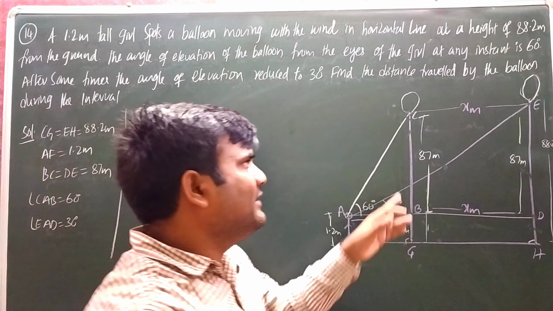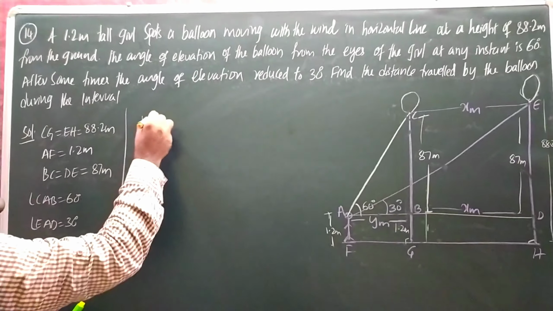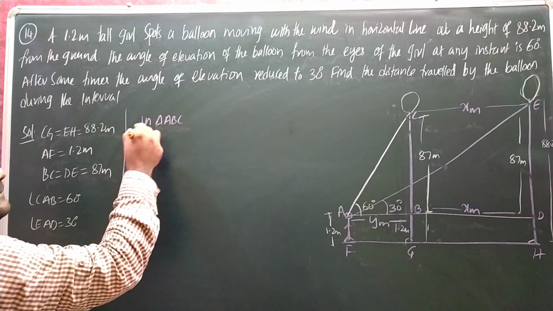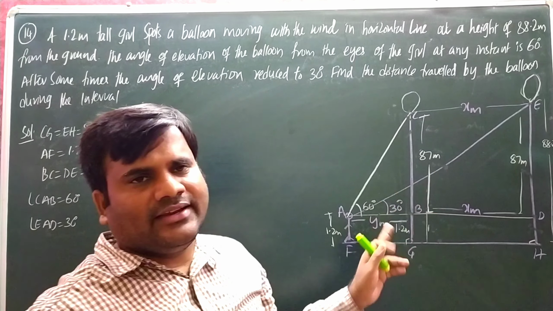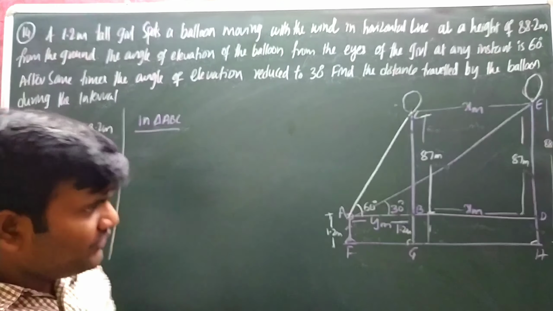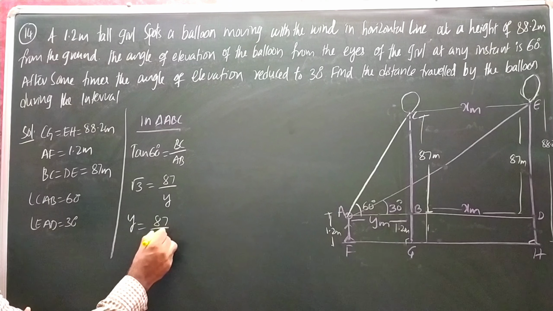Here you can see two right-angled triangles. The first triangle is ABC. In triangle ABC, the angle is 60 degrees; this is the opposite side and this is the adjacent side. The ratio of opposite to adjacent is tan. So tan 60 equals BC by AB. The tan 60 value is root 3, BC equals 87, AB equals y. Transposing y to the left side, y equals 87 by root 3.